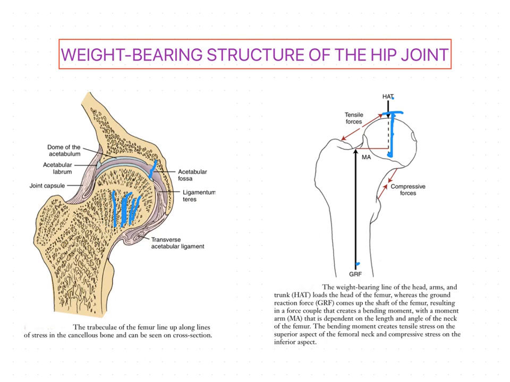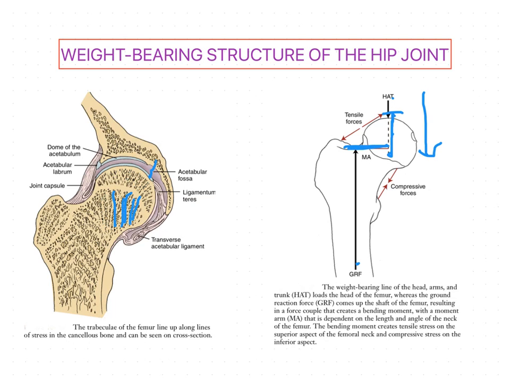The HAT force is acting downwards whereas the ground reaction force is acting upwards. This creates a force couple with a moment equal to the distance between the superimposed body weight on the femoral head and the ground reaction force up the shaft. So here it will create a moment.